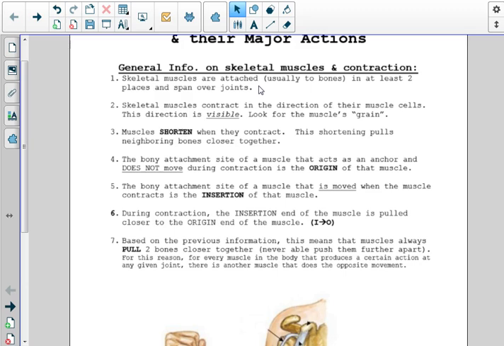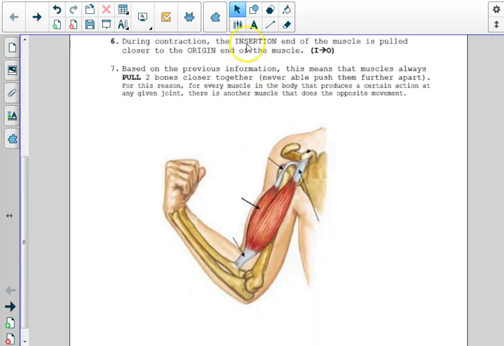Rule number two, and this is really important to help you predict the action of the muscle, is that skeletal muscles will contract in the direction of their muscle cells. And so, for example, let me show you. I don't have a double-headed arrow here. Let's try this one. You can see the grain of this muscle is kind of running long ways on the arm.